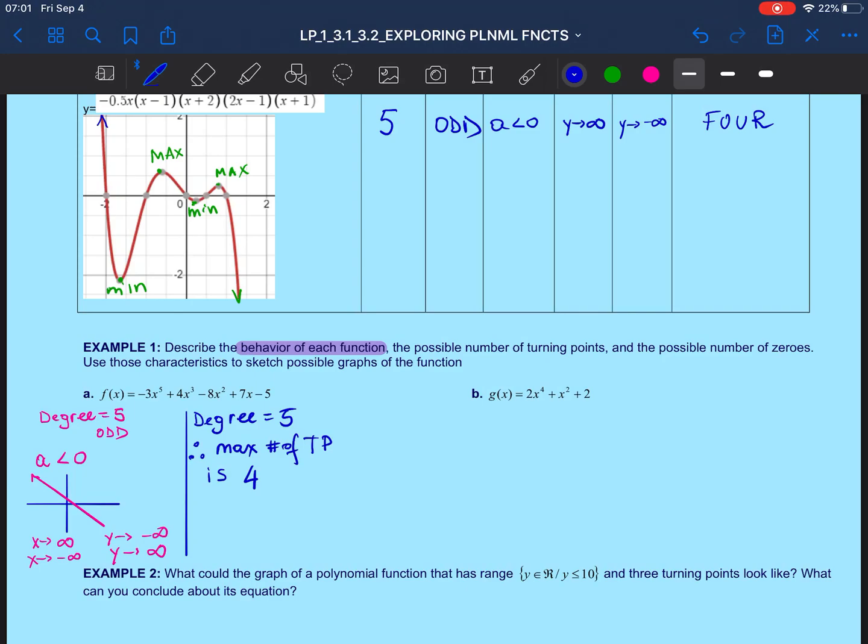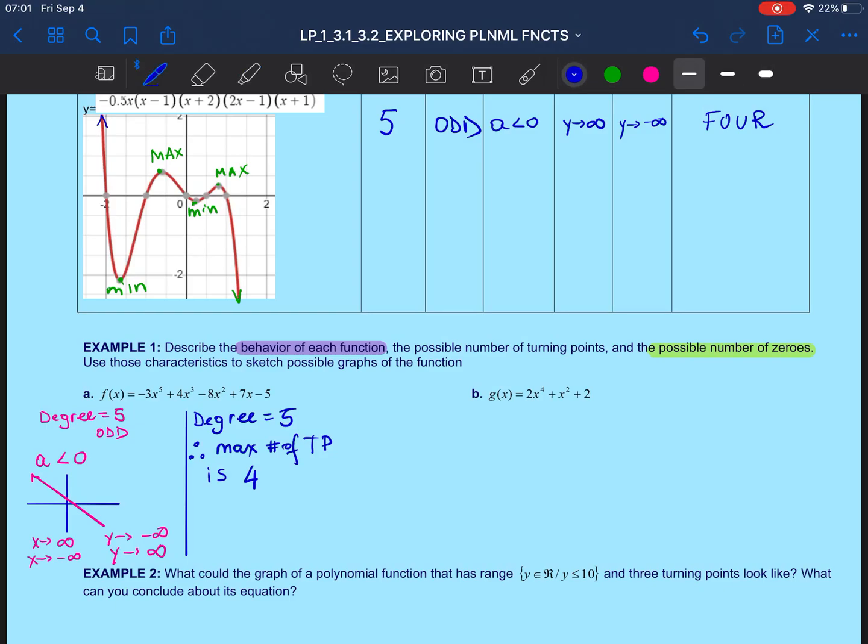The next thing that we need to look at is the possible number of zeros, and a fifth degree function can be written as a product of 5 factors.